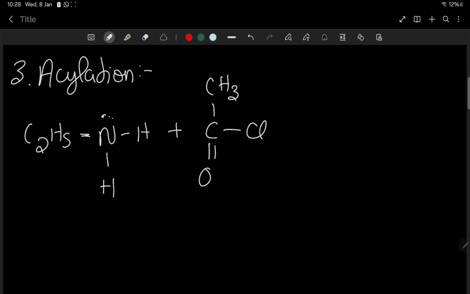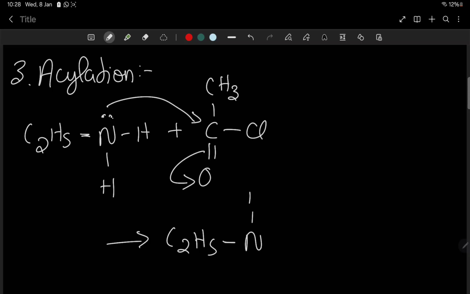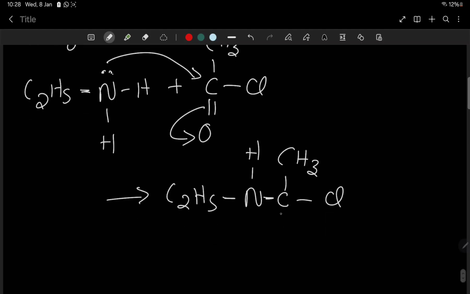This double bond will go and join here, and oxygen will pull one of its bonds. So here we get C2H5NH CH3 Cl O minus, and this end is having a positive charge.